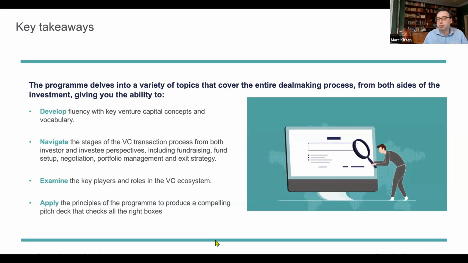We explain the roles and the nature of all the players in that particular ecosystem. And we finish with a pitch deck that you are going to develop, that would allow you to either raise money for your own business at one point, or understand how those who come to raise money from you are putting their ideas together. So if we can move to the next page.